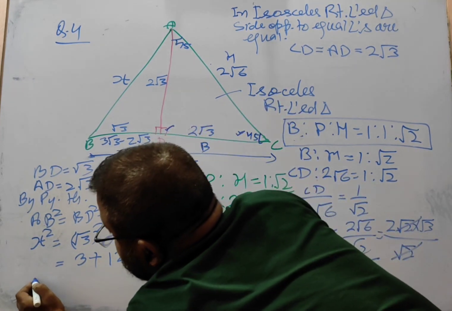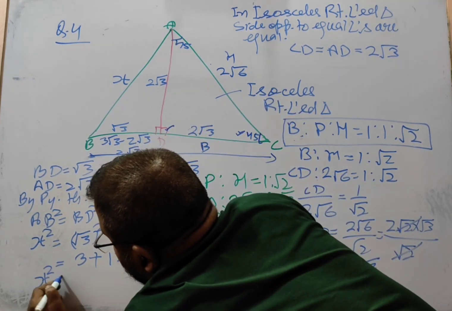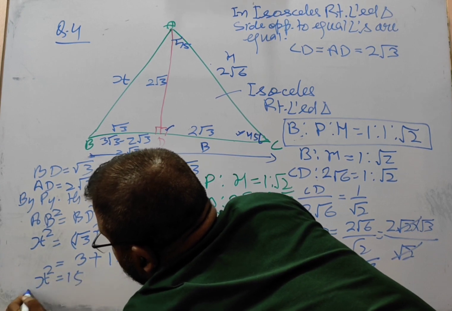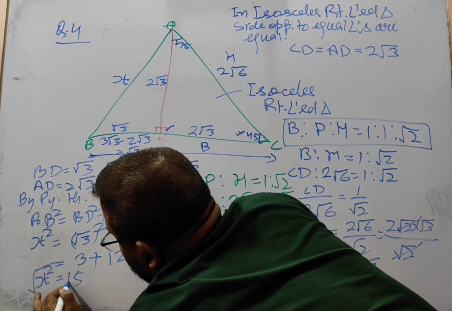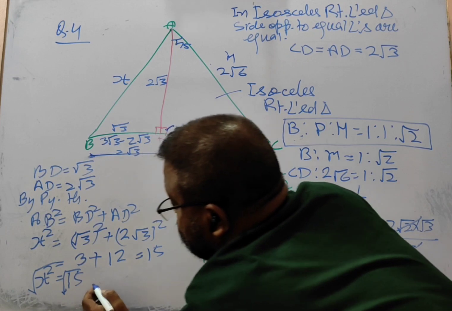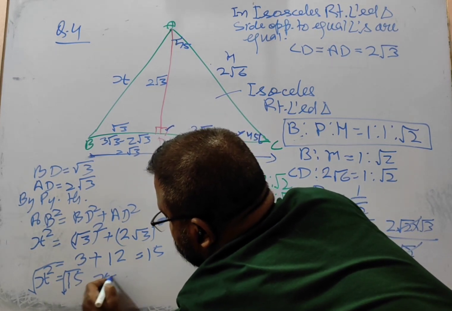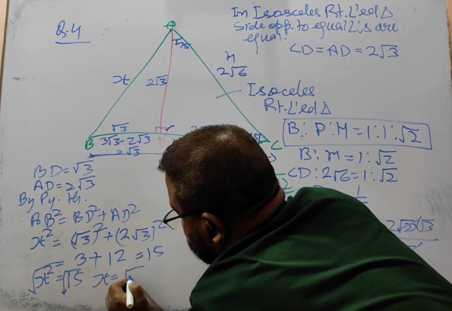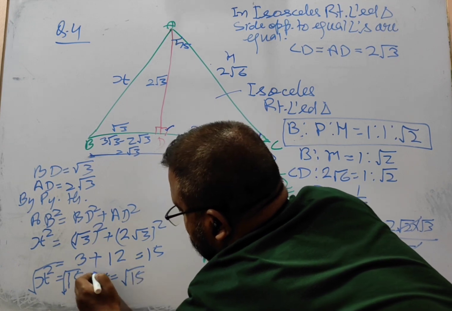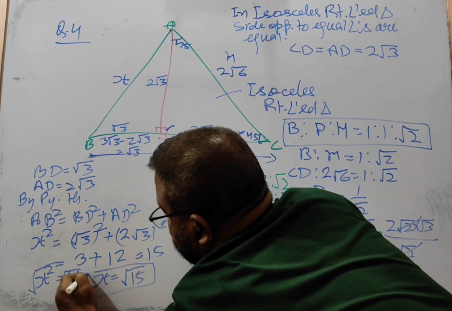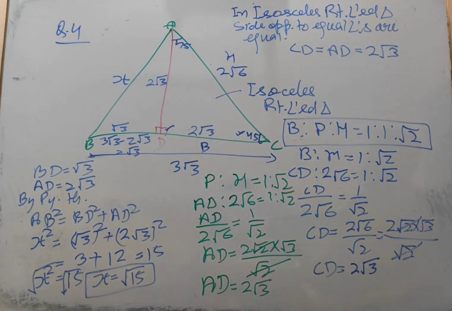So x square is equal to 15. Taking square root on both sides, we get x is equal to root 15. No other value we have. So this is the value of x. I hope you got it now.